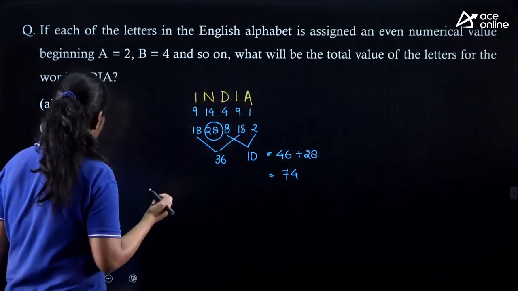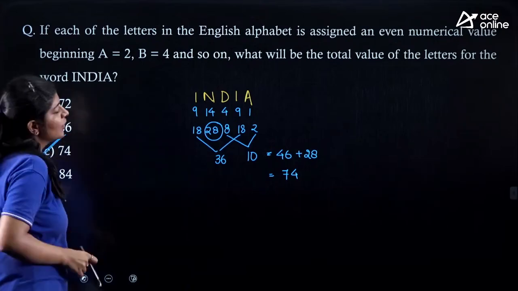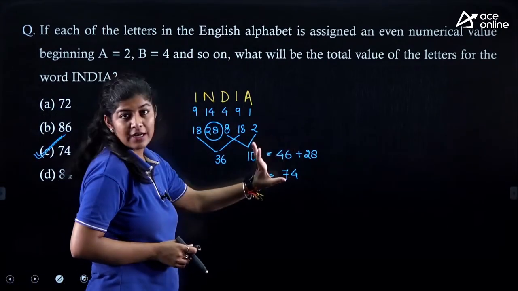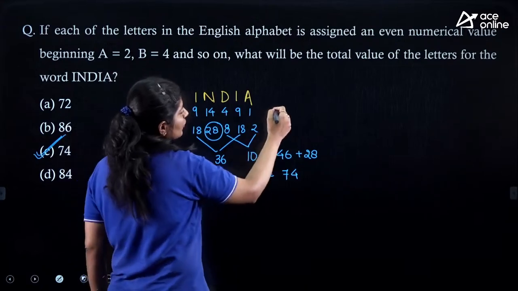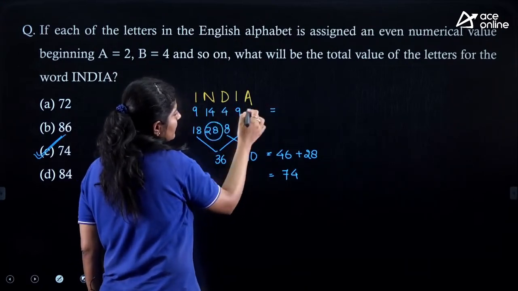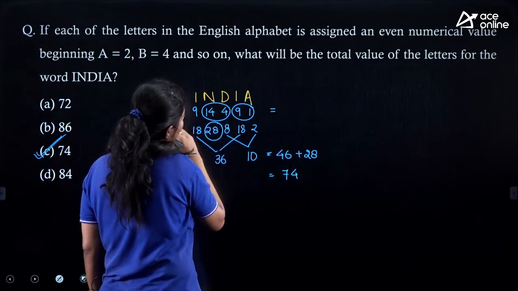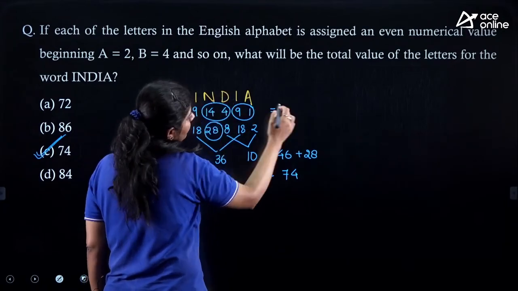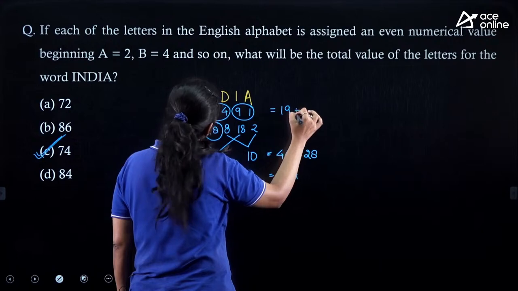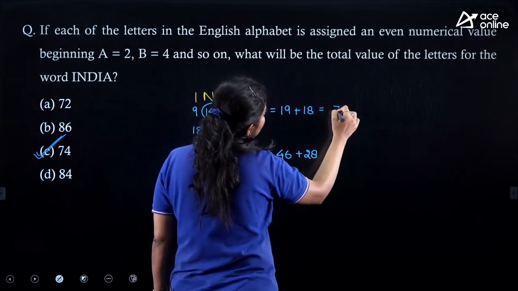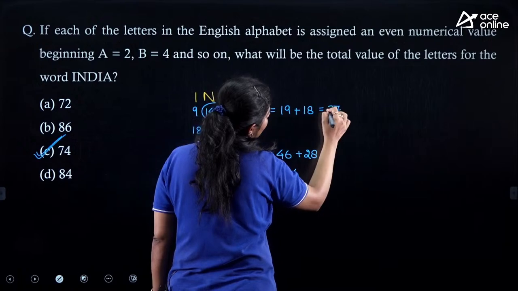Right? This is the first approach where you have just doubled all these numbers which are mentioned over here and you just added them up. Or you can also do one thing, first find out the addition of these ones, 10 and this will become 18, right? And this will become 19. So 19 plus 18. This is nothing but here we got 7 and 37.